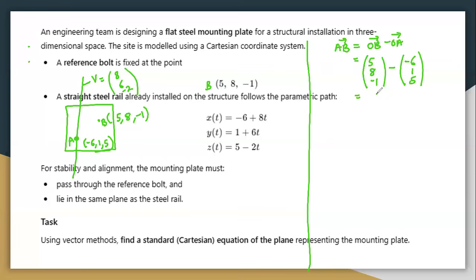So 5 plus 6, that is 11. 8 minus 1, that is 7. And negative 1 minus 5, that is negative 6. Then I think that's our AB.